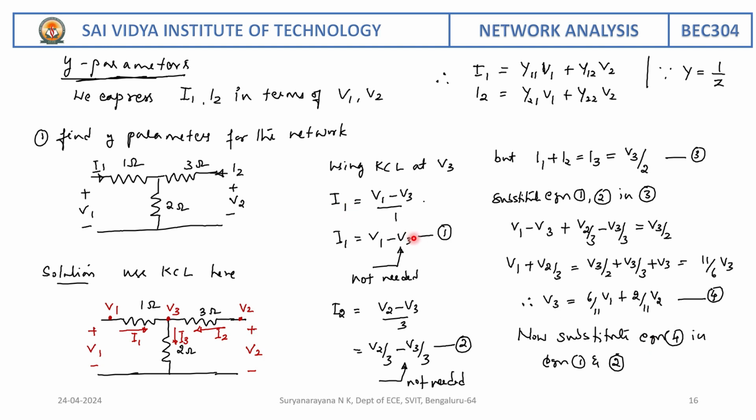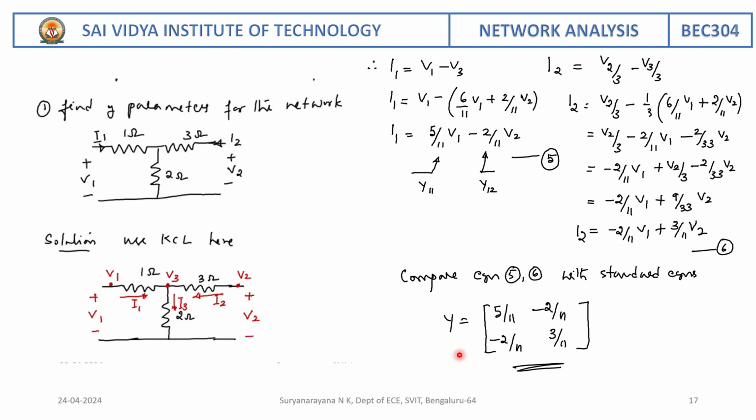Now, equations 1 and 2 have the V3 term. So substitute this equivalent V3 expression in equations 1 and 2. On simplification, when we substitute V3, we are going to get I1 in terms of V1 and V2, and I2 in terms of V1 and V2, which matches the standard equation defined for Y parameter.